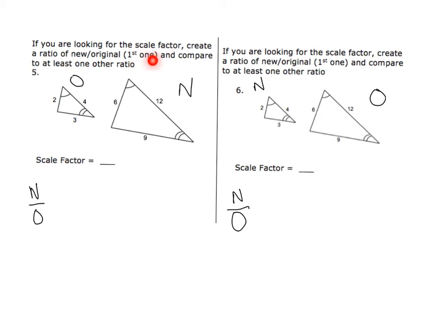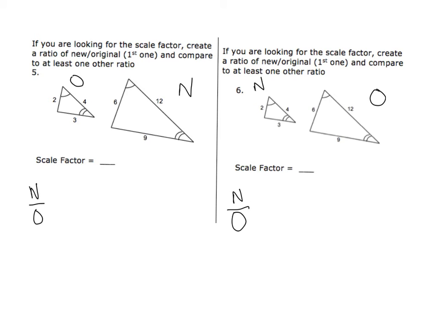All right, now let's say you're looking for the scale factor. So with both figures, you have all your values, but you need to figure out what the scale factor is. Well, all you have to do is create a ratio of new over the original. Typically, unless stated, the first one is always going to be your original or the old one, okay? And the second one is the one that you're comparing it to, so that would be your new one, okay? So we're going to set up 3 ratios, because remember, you have to make sure that all 3 sides are proportional in order to say that these are similar.